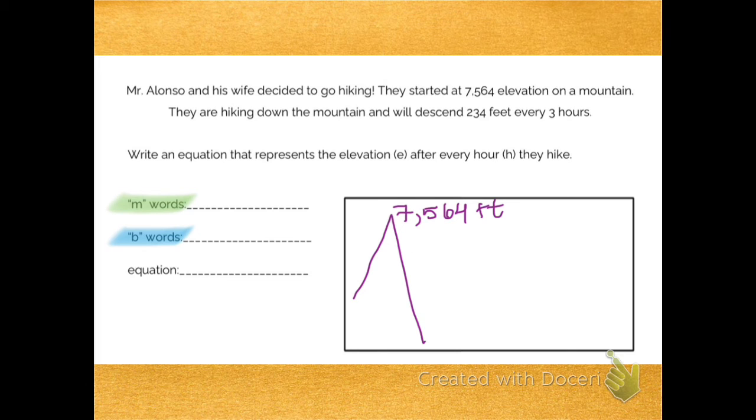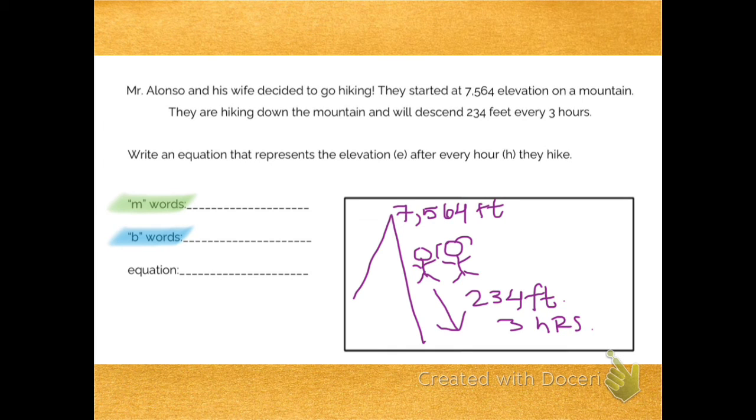So that tells me that Mr. Alonzo and Mrs. Alonzo, sorry, the drawings are really bad, but are descending 234 feet every 3 hours, okay? So what does the picture tell you guys?